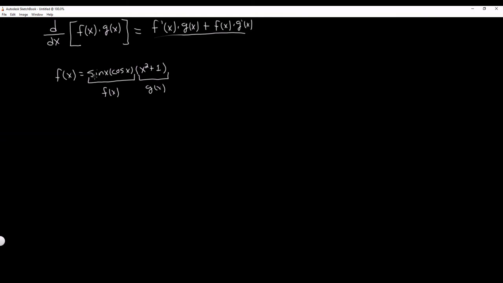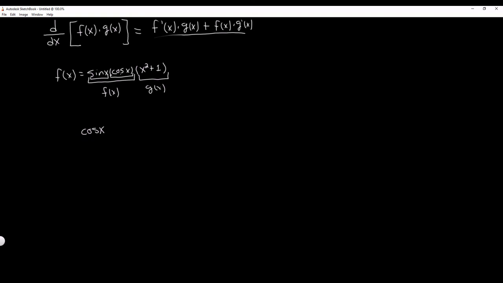So let's take the derivative of sine x cosine x as our f of x. So the derivative of this will be our first within f of x, and this will be our second function within f of x. So the derivative of the first, sine x, is cosine x.